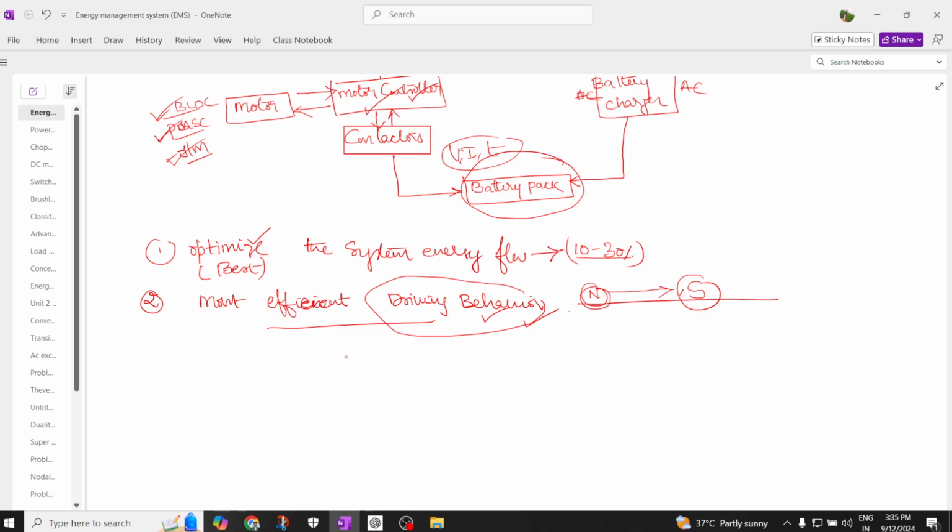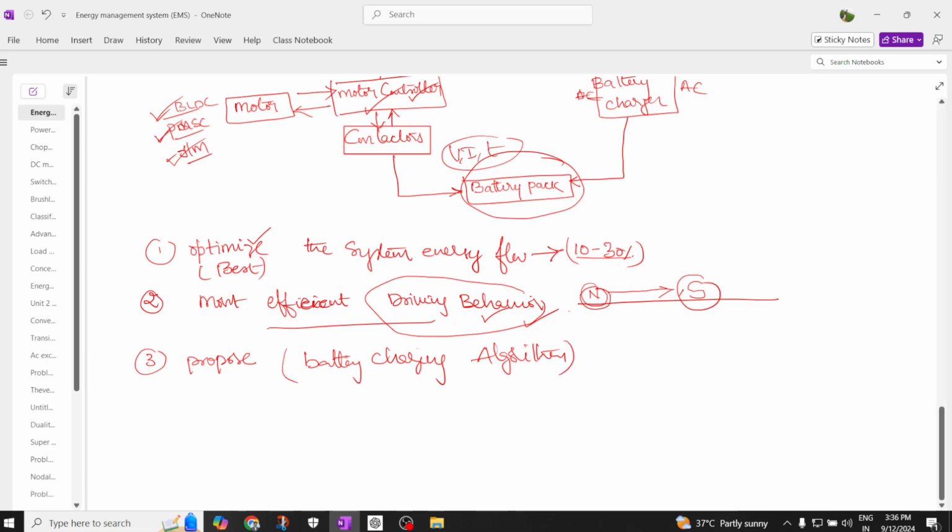Our energy management system is also going to propose a suitable battery charging algorithm. What is the meaning of algorithm here?